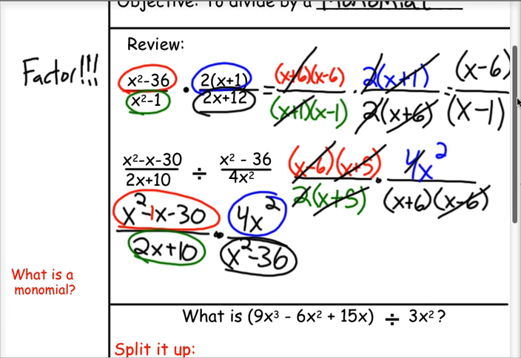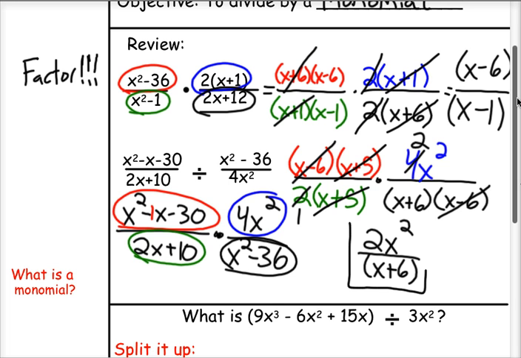When I look at those, 4 over 2 reduces to 2 over 1. So when I'm looking for what I have left, on top, I have 2x squared. On the bottom, I have 1 times x plus 6. And so that is going to be my reduced rational expression.